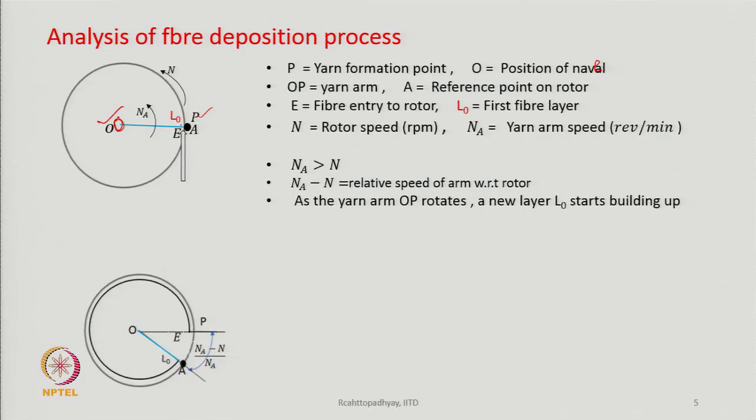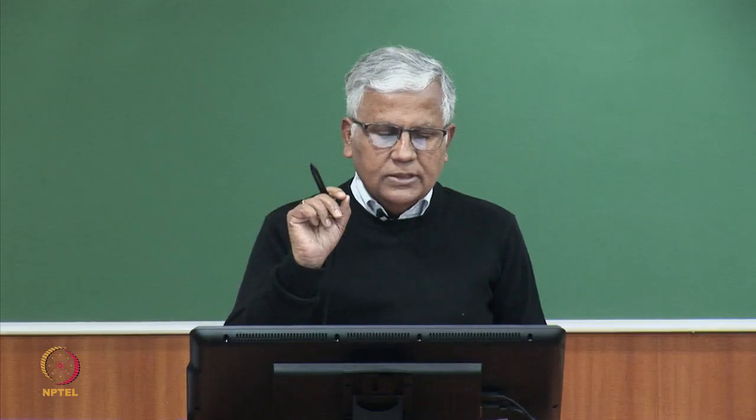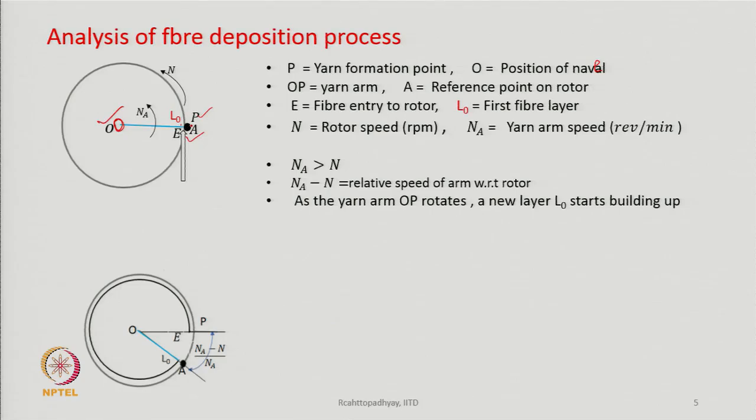So, OP is the yarn arm. A is a reference point on the rotor. E is the fiber entry point, because you know that we have already discussed this. The separated fibers are fed through a fiber feed duct or a transport channel. So, the transport channel end, say, is E. L0 is the first fiber layer which is going to be built up. It is not yet there, it will be there.